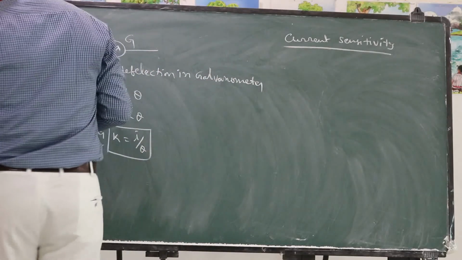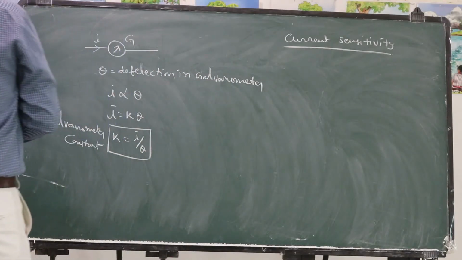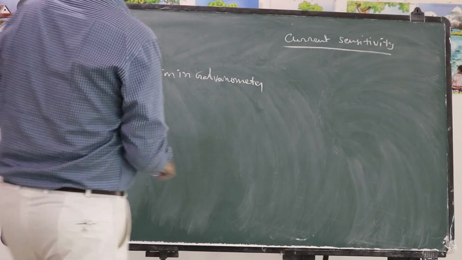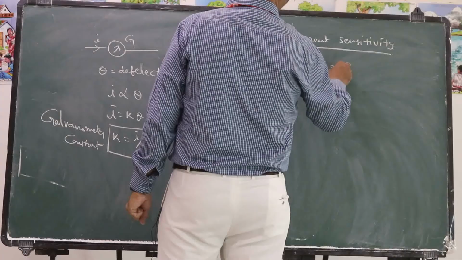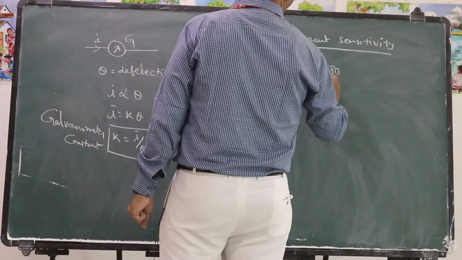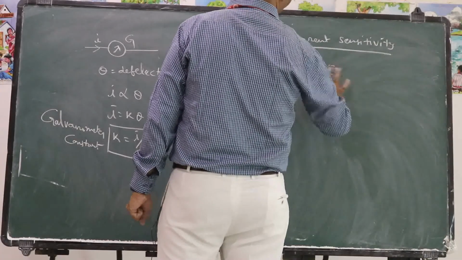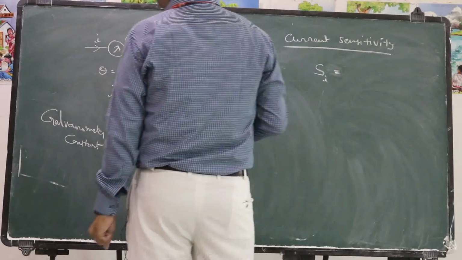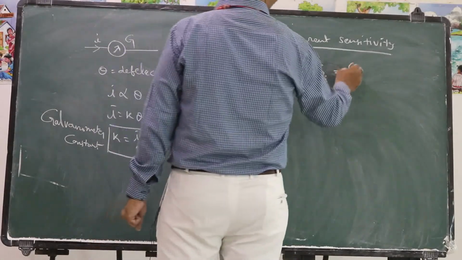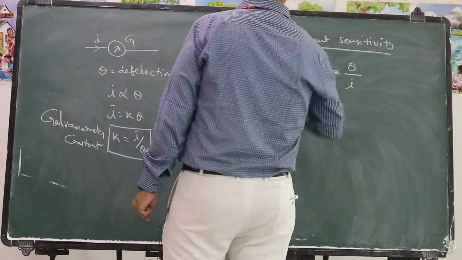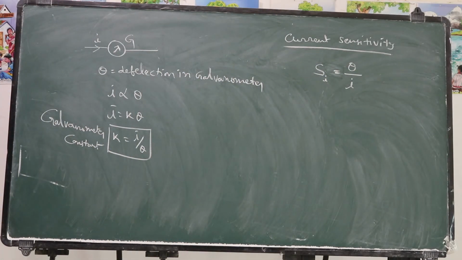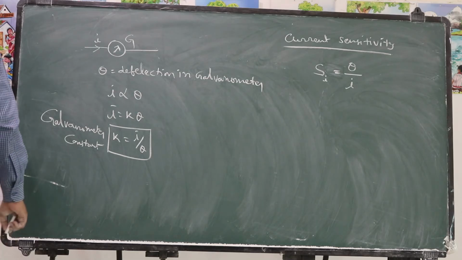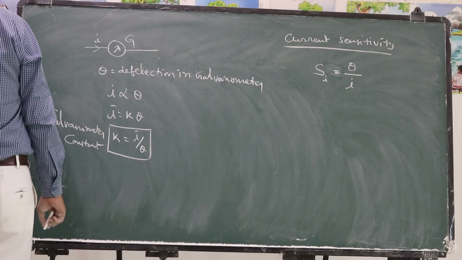Current sensitivity is represented with a letter S. In some books, SI, current sensitivity. Current sensitivity is the deflection produced per unit current passing through an ammeter. The ratio of deflection produced to strength of current passing through it is called current sensitivity.